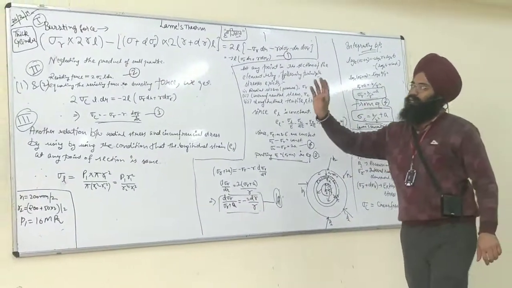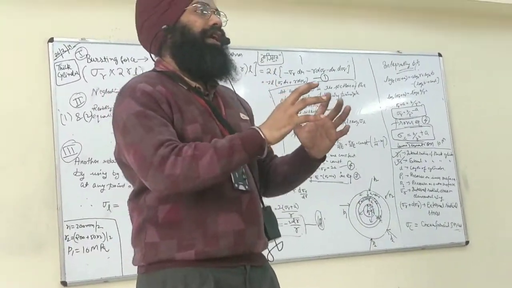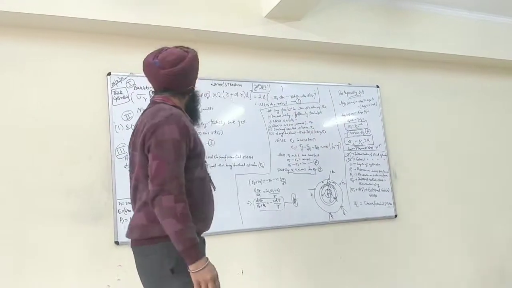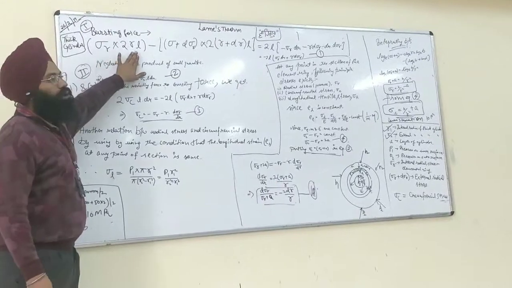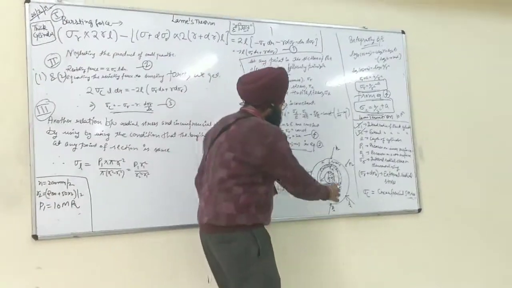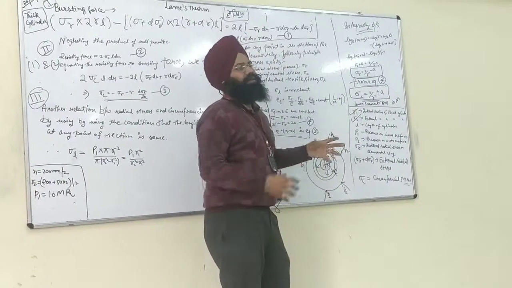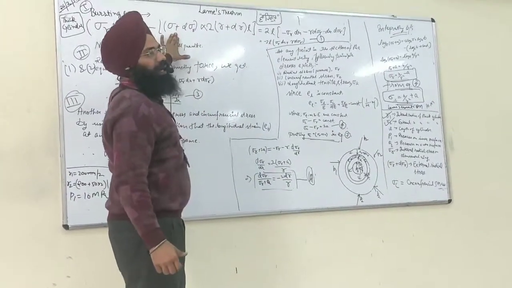Let us come to the derivation. In the derivation, you have to take the bursting force from inside, that is the radial stress into area, minus, for the small thickness we have assumed, the hindrance to the bursting force, so we will take it as negative.